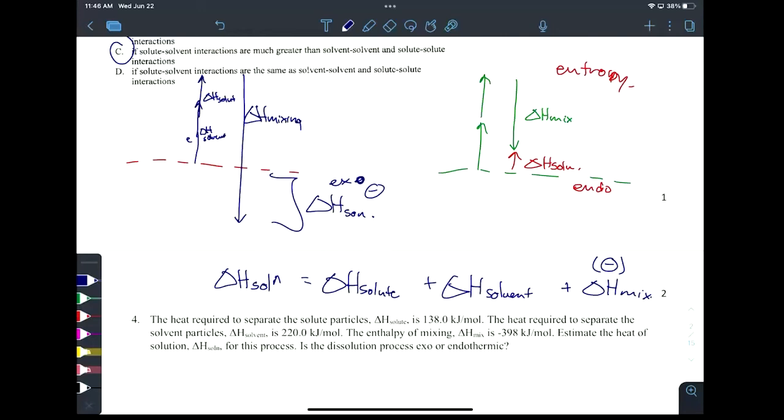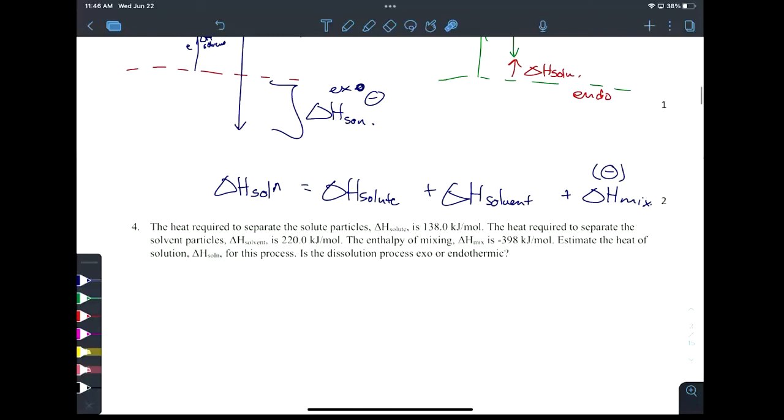Do you see how I don't give you this equation on the exam, but do know that we can get this equation from inspecting this graph that we just came up with? You have to know this graph conceptually to answer these questions. So you just plug in the numbers. What are we calculating? Delta H of solution. That's the solute number. Solvent is 220.